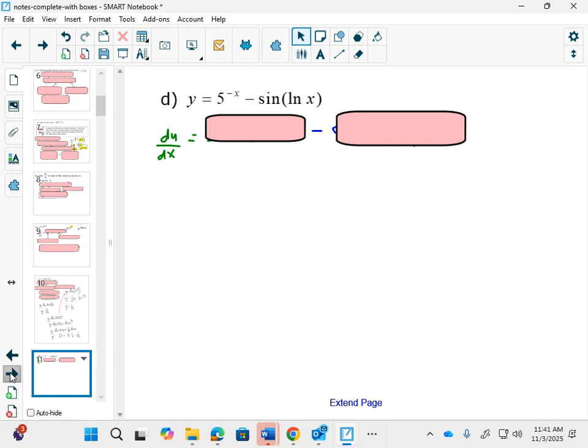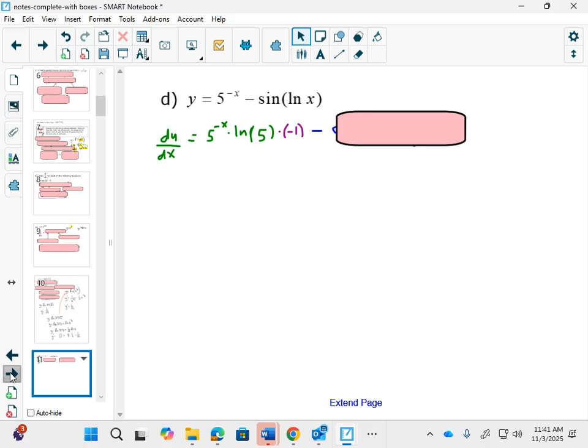So with 5 to the negative x, what's the derivative of 5 to the negative x? The outside function is 5 to the x. The derivative of 5 to the x is 5 to the x, keep the inside the same, natural log of 5. Then what's the derivative of our inside function? A minus 1. Do you see the chain rule?